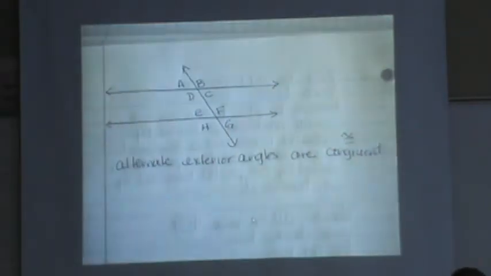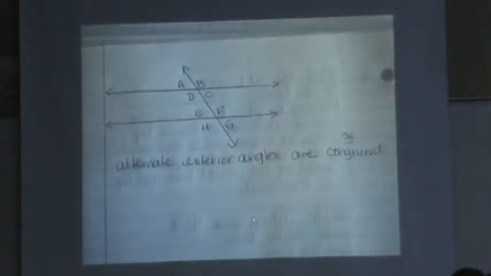Just a minute ago, I used just the symbol for congruent. I want to make sure you understand that the word congruent and that equal sign with a little wavy mark over it mean the same thing. Now, I'm talking about alternate exterior angles. Which angles am I referring to on the diagram?